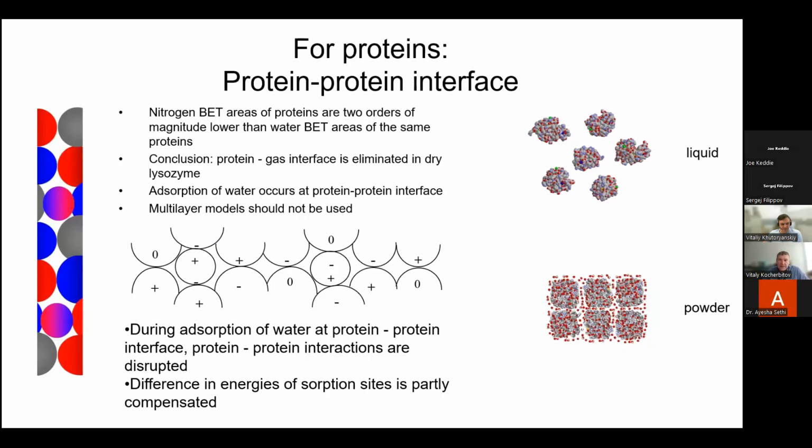And interestingly, the same mechanism of water absorption occurs in dehydrated proteins. For example, here we have screenshots from a molecular dynamics simulation in a liquid, where lysozyme molecules have native shapes. They're just oriented differently in these molecules.